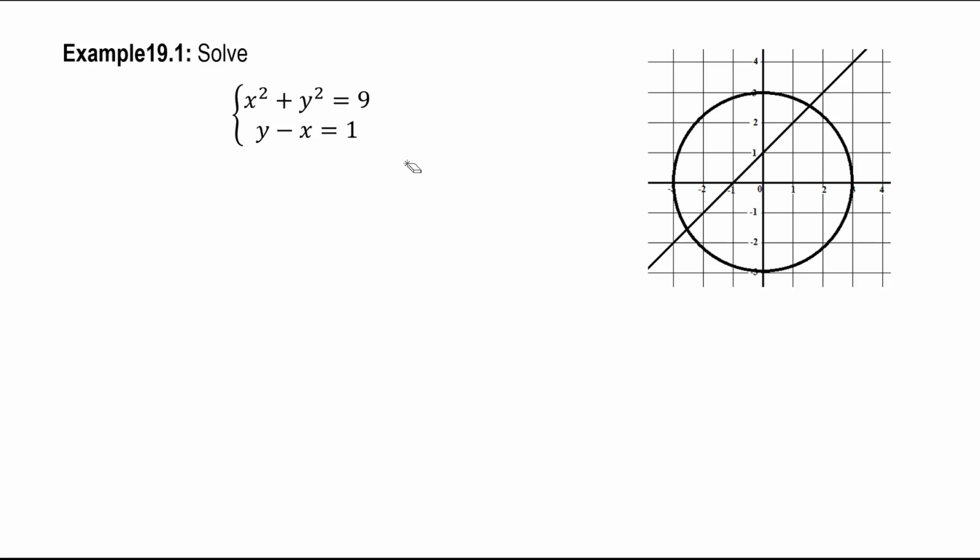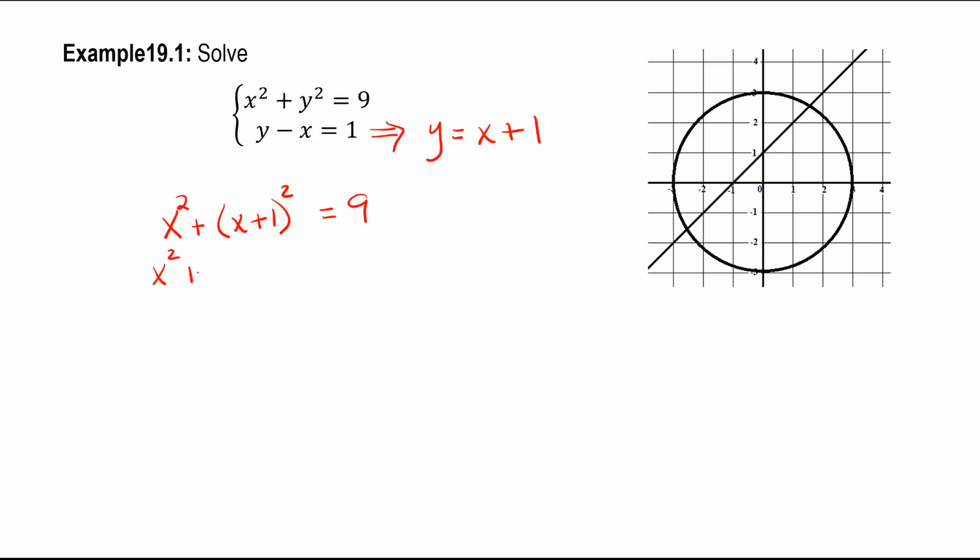For the second equation, we can solve for y and get y equals x plus 1, and then substitute that into the first equation. So we've got x squared plus y squared, so x squared plus (x plus 1) squared equals 9.